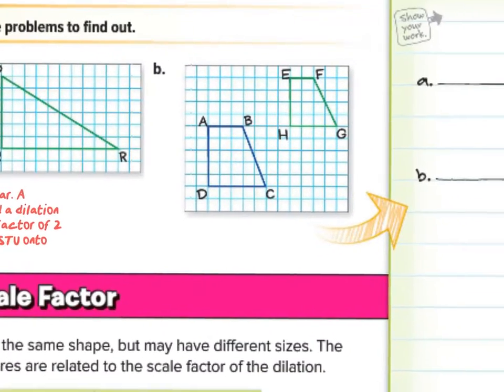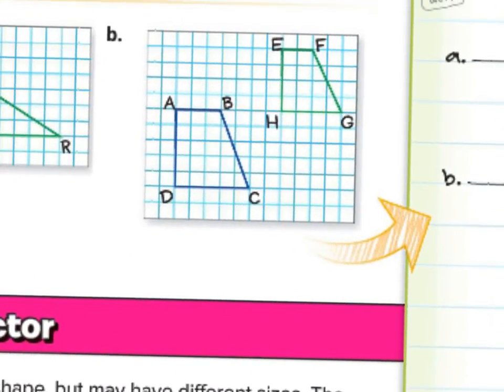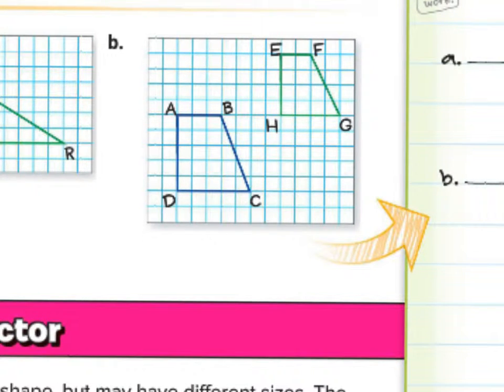Okay, let's try question B. Let's see if these two parallelograms, or they're not parallelograms, they're quadrilaterals, are similar. Remember, for them to be similar, the ratios of the sides all have to be the same.